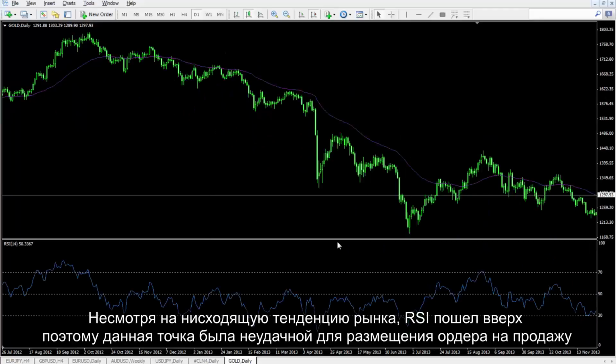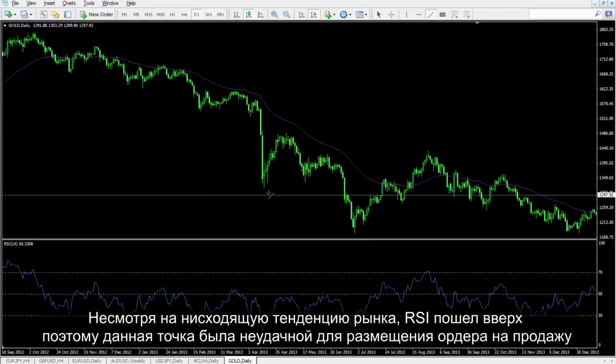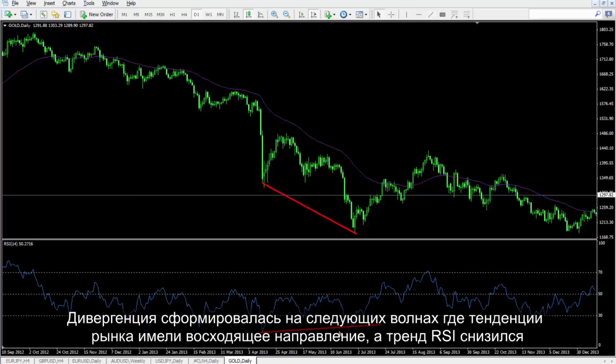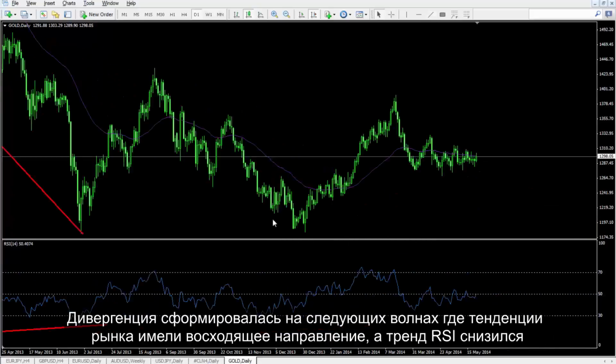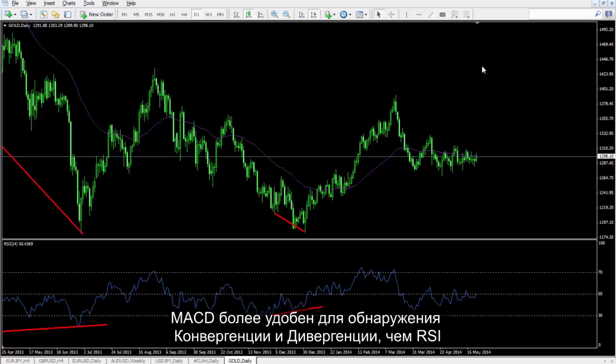Despite a downward market trend, RSI trend increased, so it was an unfavorable point to place a sell order. A divergence has formed on the next waves, where market trend had an upward direction and RSI trend declined. MACD is more convenient to detect convergence and divergence than RSI.